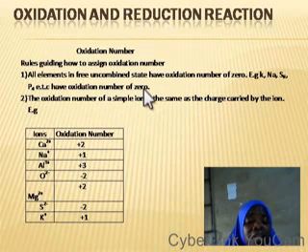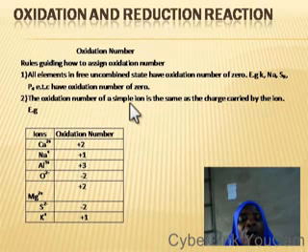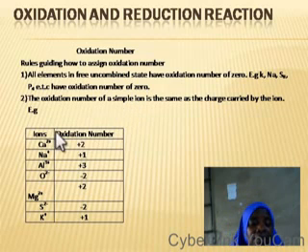Now, rule number 2 says that the oxidation number of a simple ion is the same as the charge carried by that ion. I've given some examples here. Calcium is carrying a charge of +2, so the oxidation number is +2. Sodium is +1, oxidation number is +1, and so on.